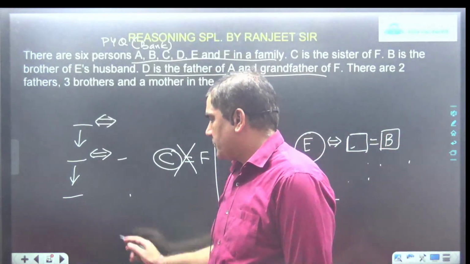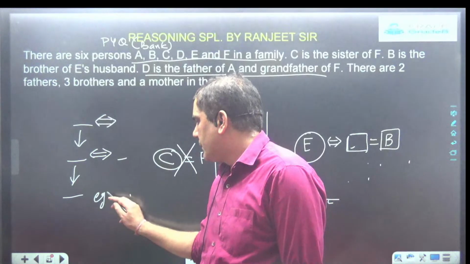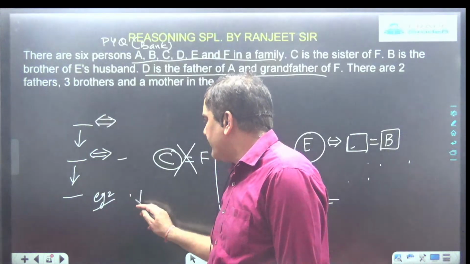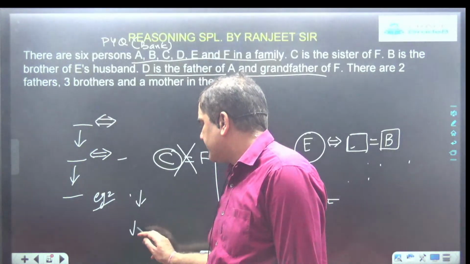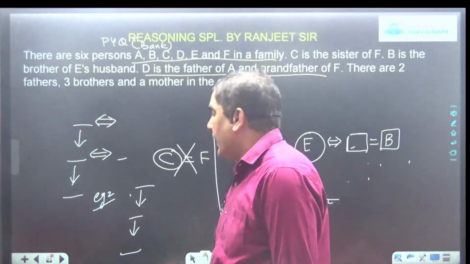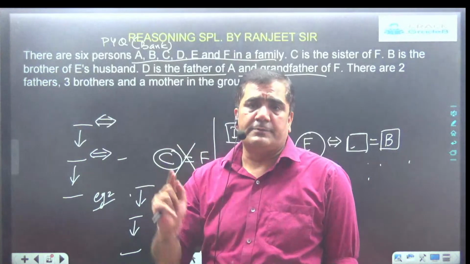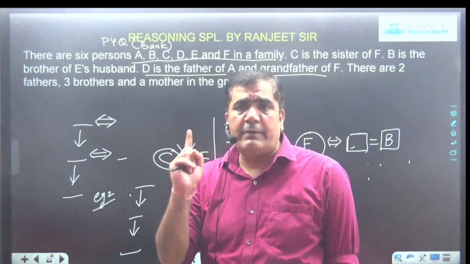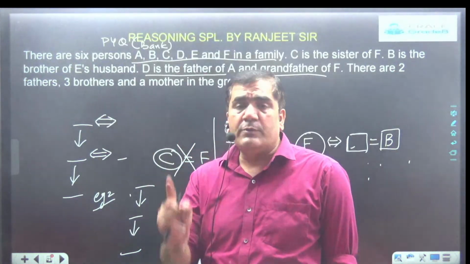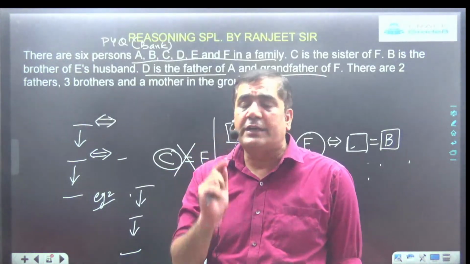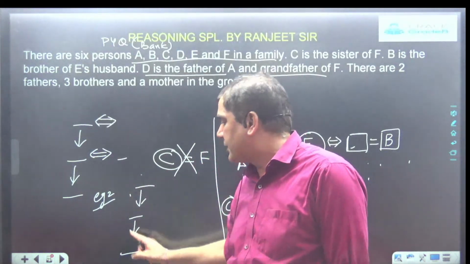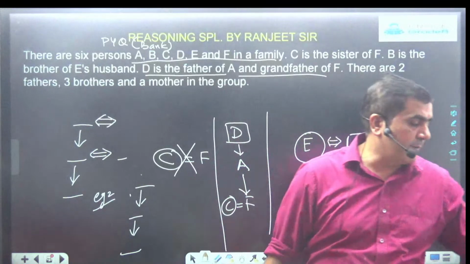Now, example number 2. Suppose in any problem they are talking about 3 generations, 1, 2 and 3. And now they are saying there is only one married couple in the family. Then that married couple should be in which generation? First, second or third? What will be the answer?